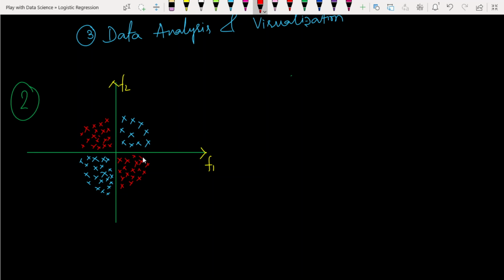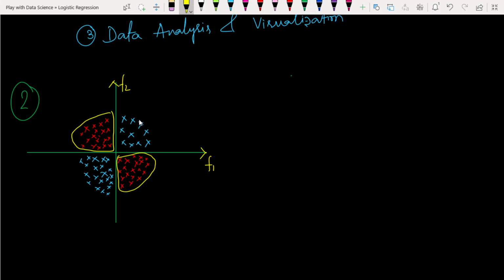Using feature engineering, you can see that these two data sets are not linearly separable, because you cannot separate this data through a single line.